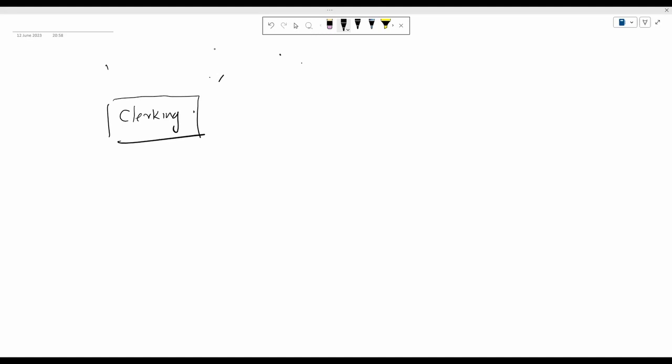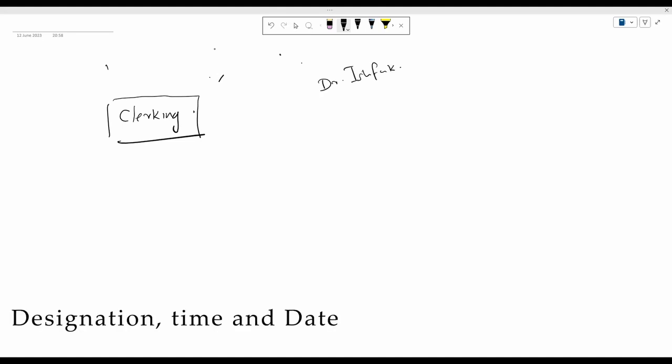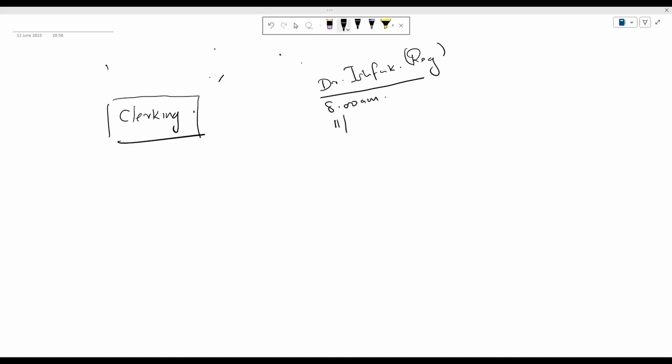So first of all, I'm Dr. Ishfaq, so you need to write your name and your designation, and then you need to write the time, 8 a.m., and then you need to definitely start with your date, 11th of June. So this is the first thing you do.